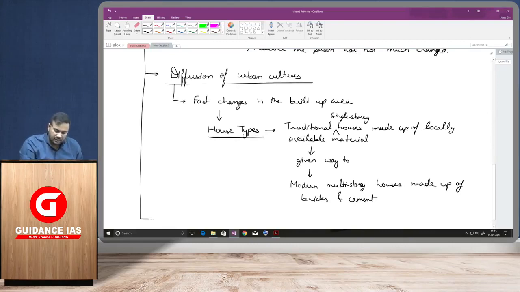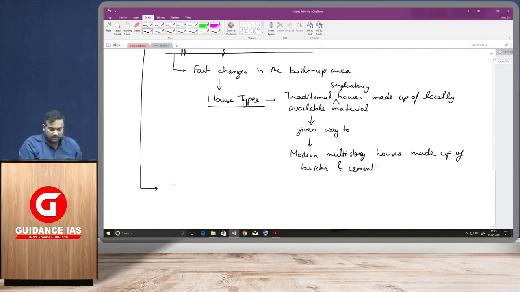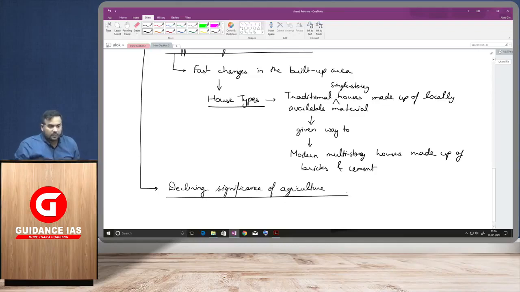Then there are other changes which are also occurring. And one important factor which has led to this change is the declining significance of agriculture. So what has happened? In recent times, agriculture has become less remunerative.